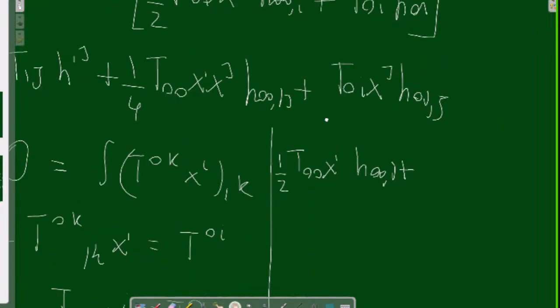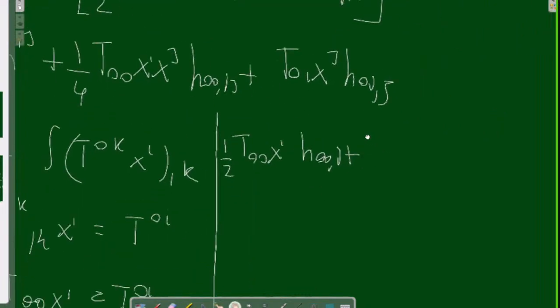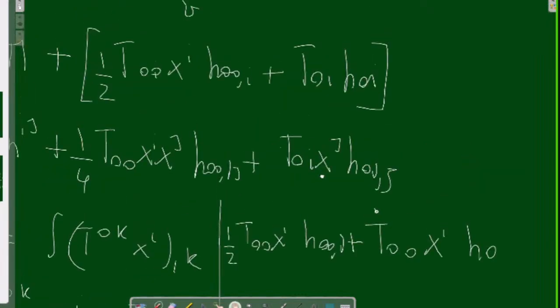It's this format, t dot T00 xi. And I couple it to T0I, A0I.